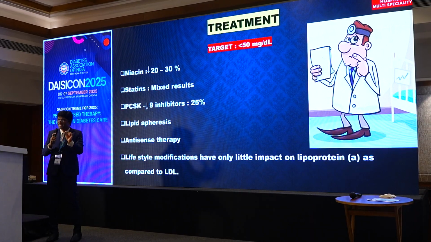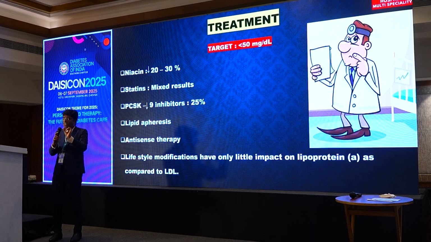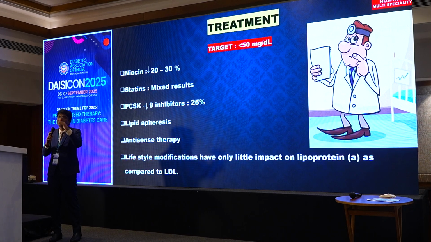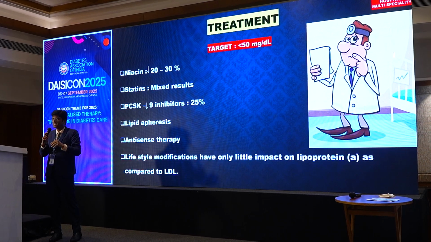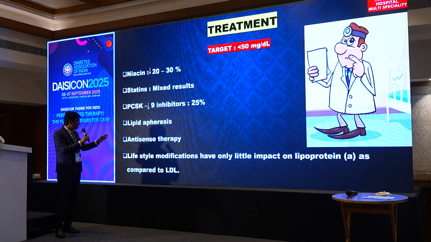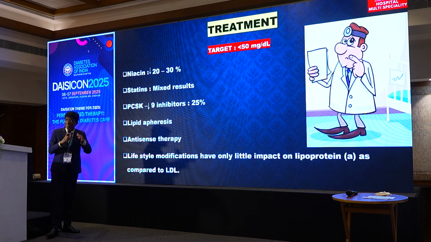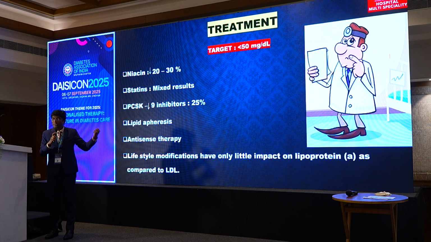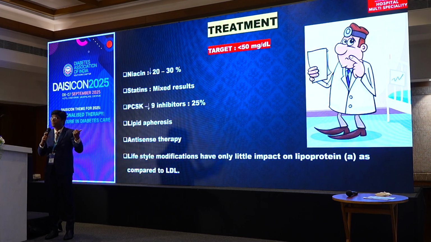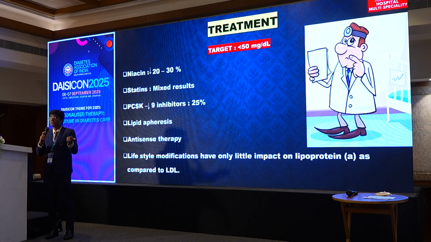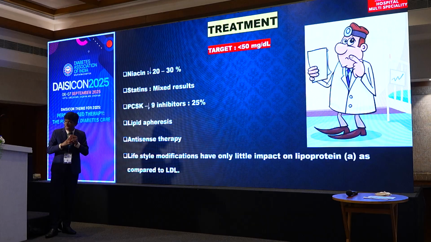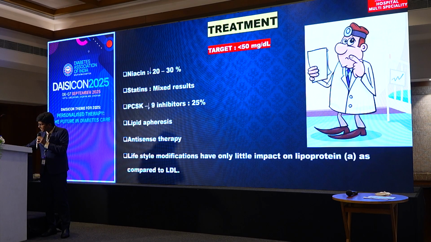It is an engineered DNA molecule which targets the mRNA, by which the production of apoprotein A, especially lipoprotein A, is reduced. But it is under phase 3 trial. Now they are able to say that it can bring down your lipoprotein A by somewhere around 80% from the baseline value. But please remember that lifestyle modification has a very limited role.